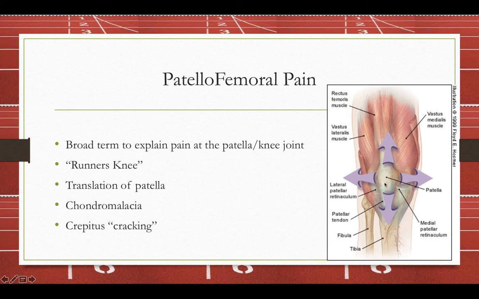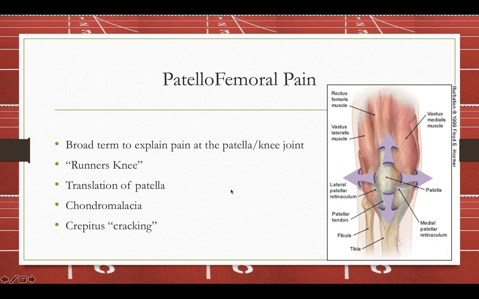So it doesn't usually occur medially, but it usually occurs laterally, and this is usually due to once again a muscular imbalance, typically weak VMO coupled with a stronger vastus lateralis and IT band, which we'll go over later.